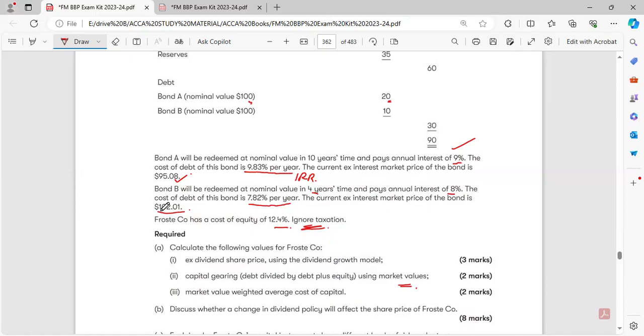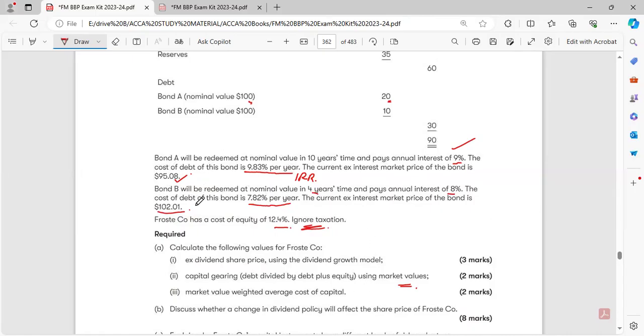But if a company is offering a lower coupon rate as compared to the effective interest rate, its market value will fall because the company is not offering the equivalent of market interest or market IRR. So this is the risk and return.